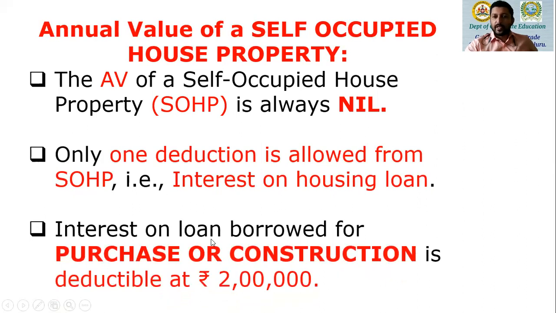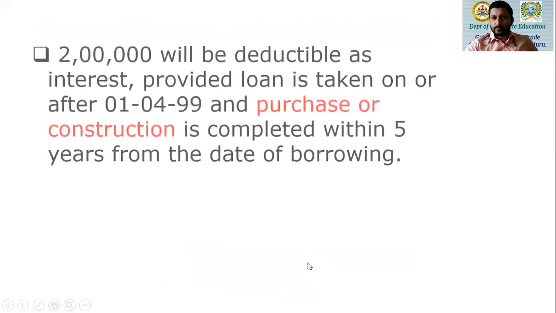Important point: interest on loan borrowed for purchase or construction. I stress on the words purchase of a house property or construction of a house property. Maximum deduction available is rupees 2 lakh. So 2 lakh is the maximum amount that is available as deduction, and that too on interest on loan borrowed for purchase or construction.